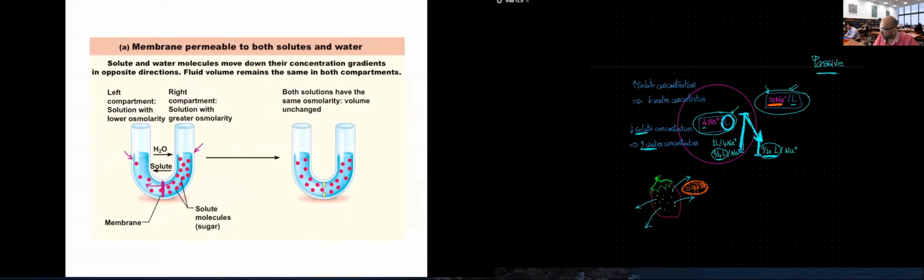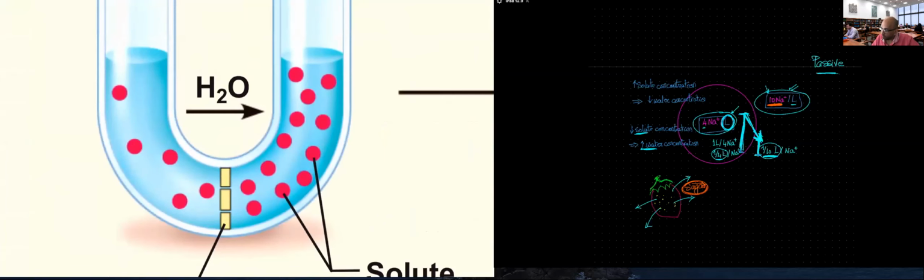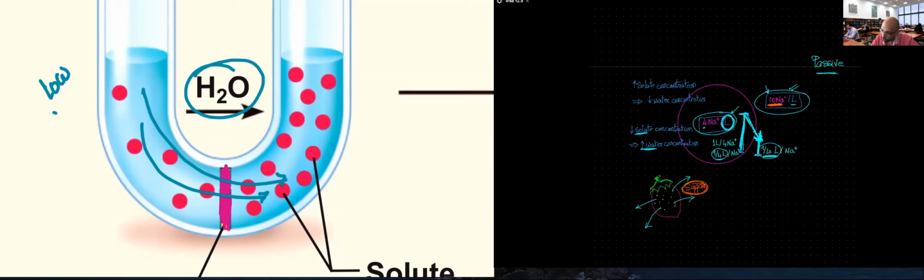What if I had a membrane that is impermeable for the solute? So the solute cannot travel. So what can I allow to pass through the membrane? I will allow just the water. So the water here is going to be moving from the side with low solute concentration to the side with high solute concentration.